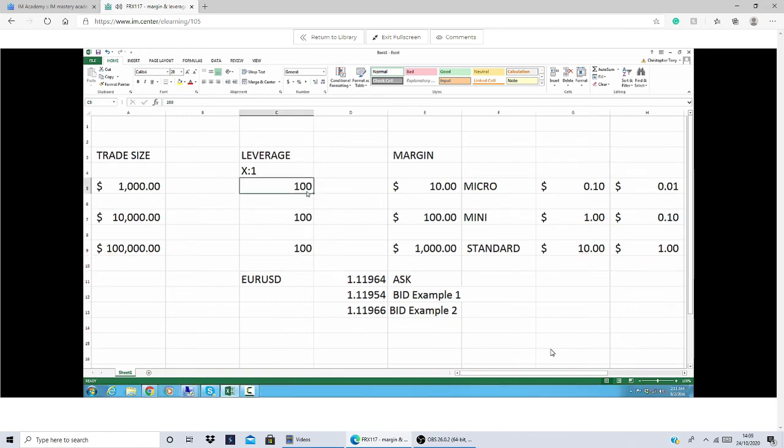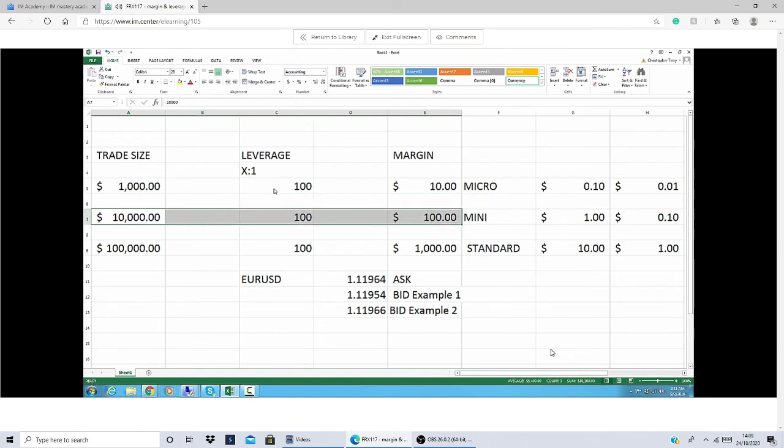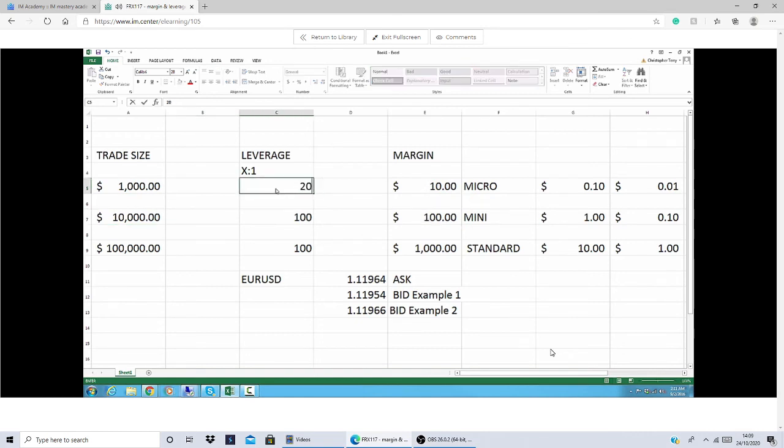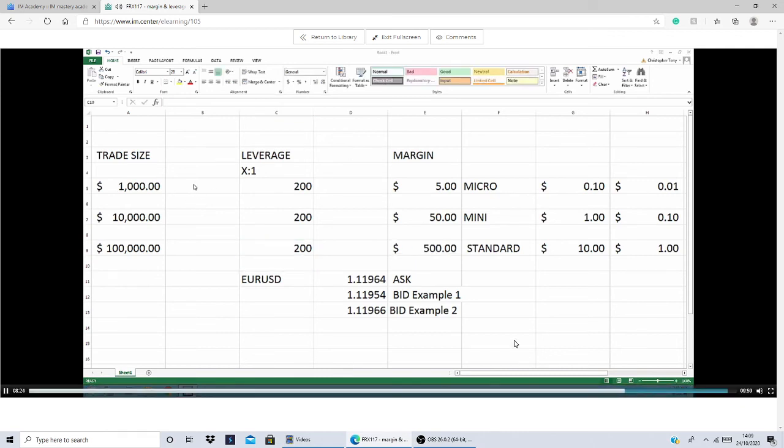If we look at the mini, $1,000 is controlled by $10. $10,000 is controlled by 100. Amazing leverage in the Forex market. Let's go to 200, and we won't go past that because there are much higher leverages out there. But again, I feel it's unnecessary. FX Choice is one of them that goes 200 to 1.